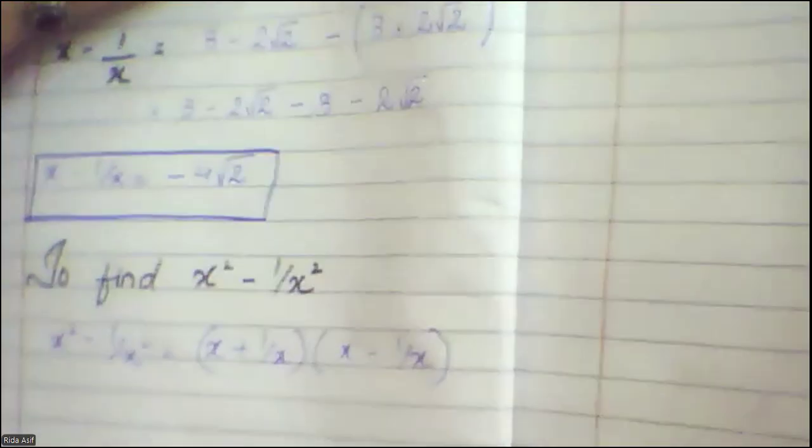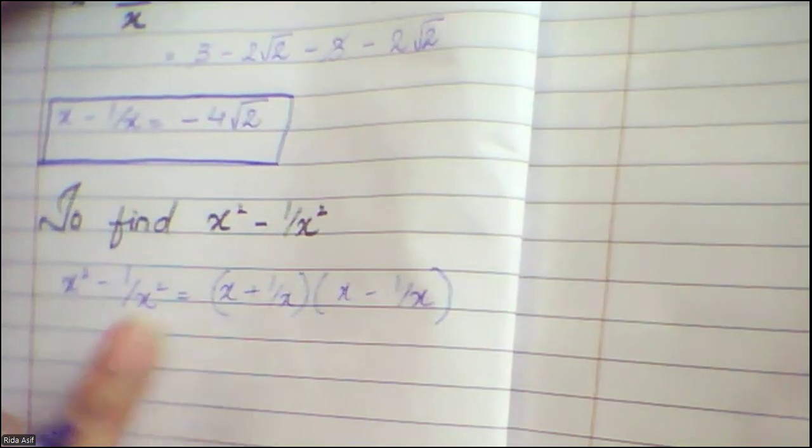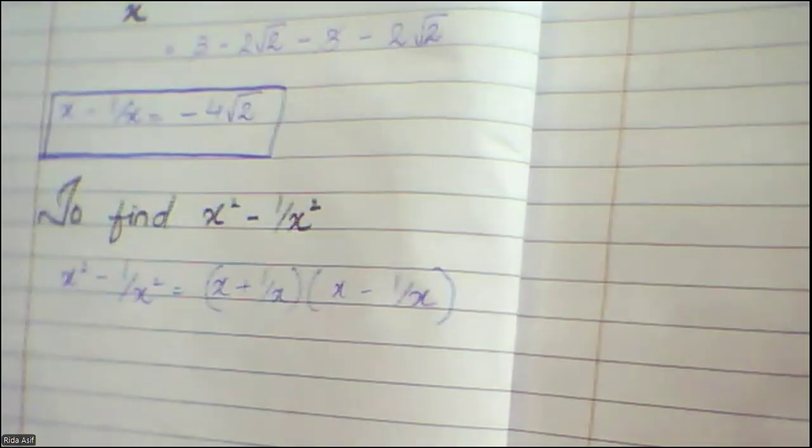Right? A square minus b square is equals to a plus b times a minus b. In the same way, here in this question, what have we used? We have used the formula a square minus b square.